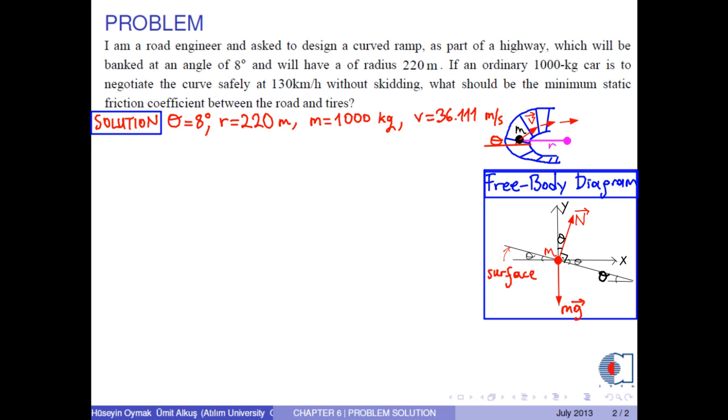Finally, since the car moves without skidding, there occurs static frictional force between the tires and the surface like this. Now it is convenient to decompose N and Fs onto the x and y axis like this.